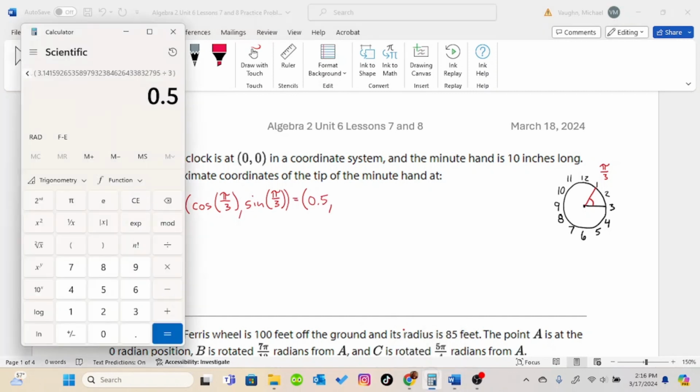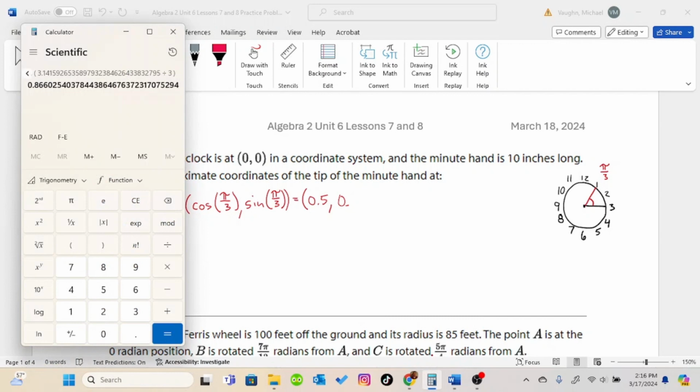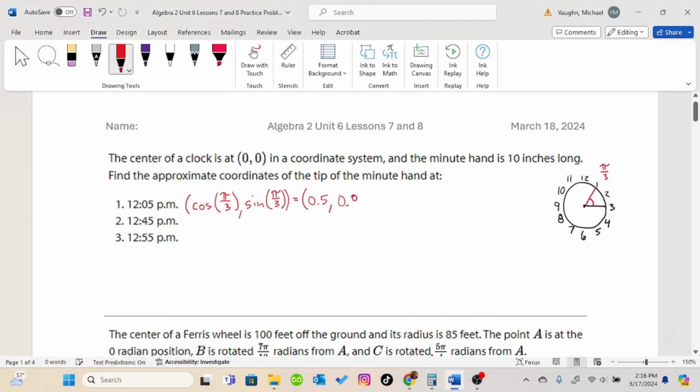And then we'll do the same thing to find sine. We'll have pi divided by 3, but this time we want the sine. And that's approximately 0.87.